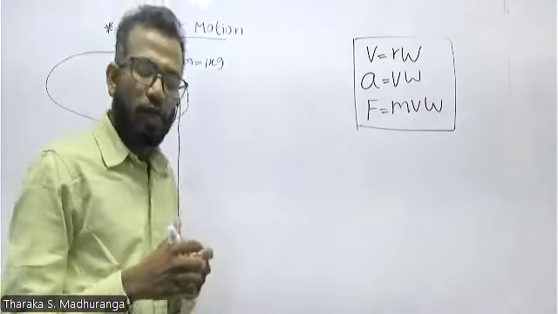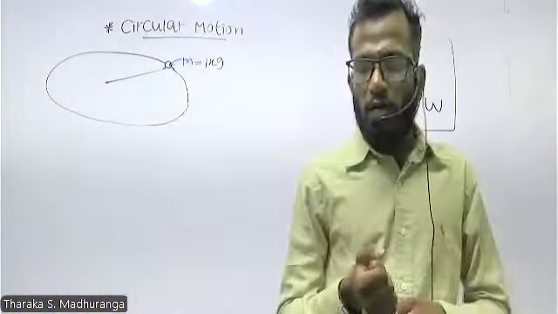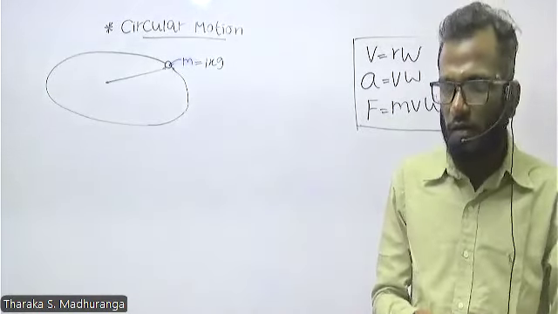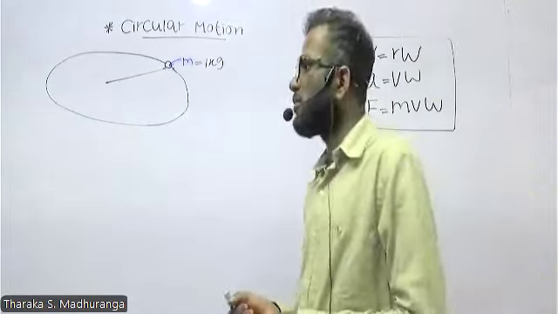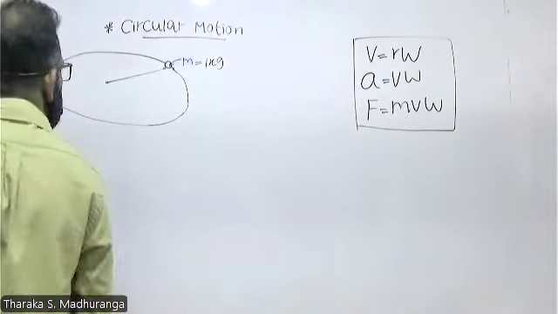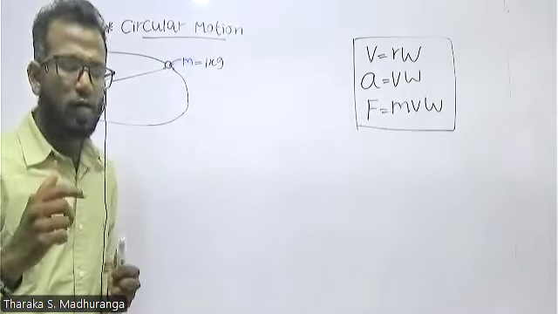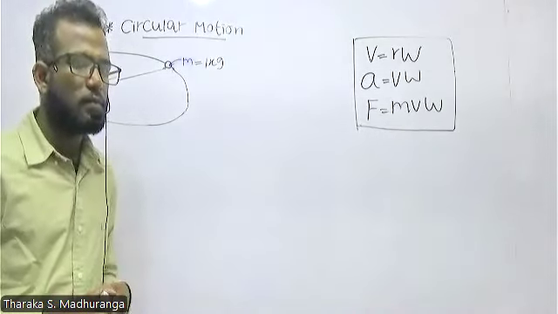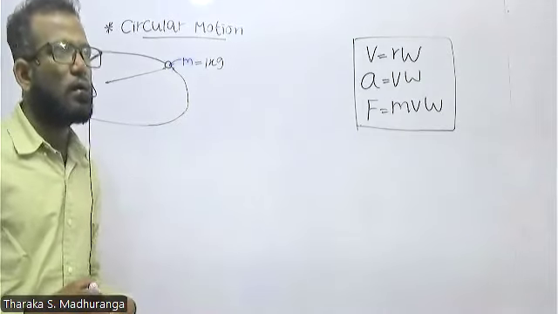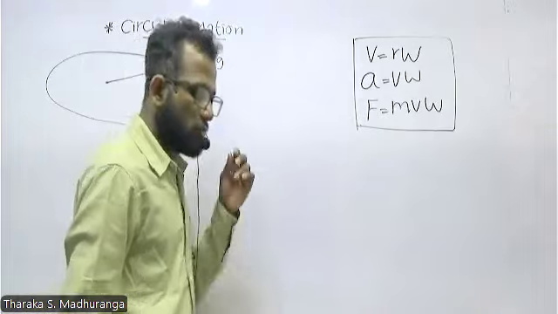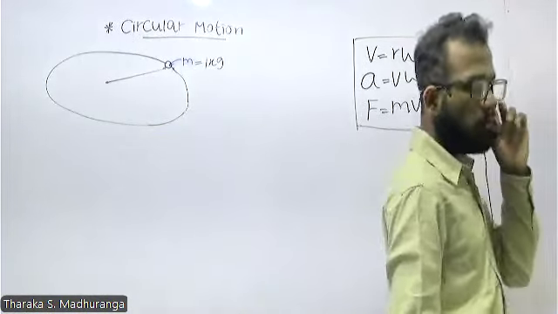Okay, write down within bracket in the question the speed of the object is 50 ms minus 1.